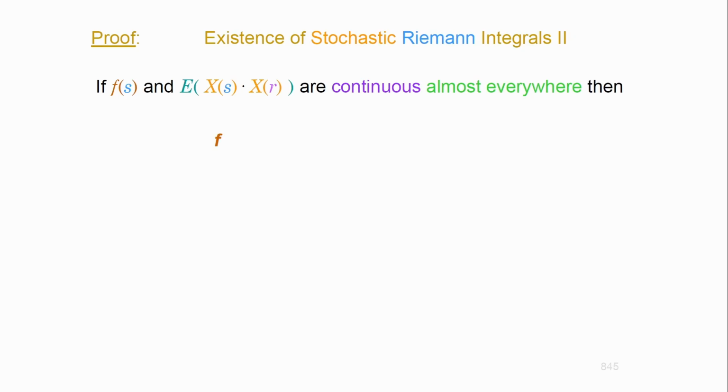Then the function that you're about to see, namely f, the deterministic function from the stochastic integral, times itself, so you have two different arguments, times the expectation of the product, is going to be Riemann integrable. I'm talking about this function, let's call it gamma.